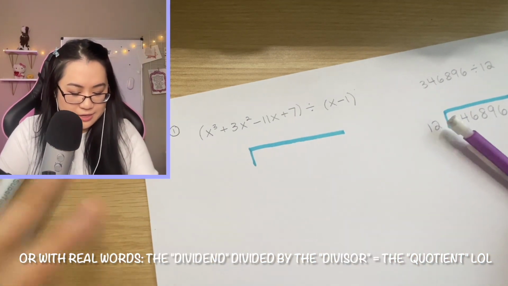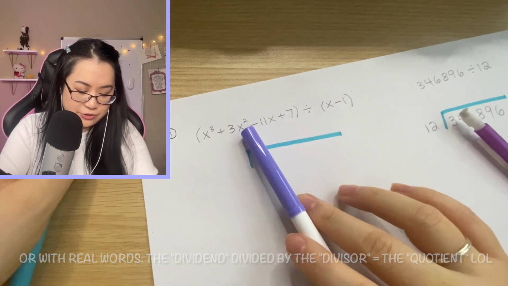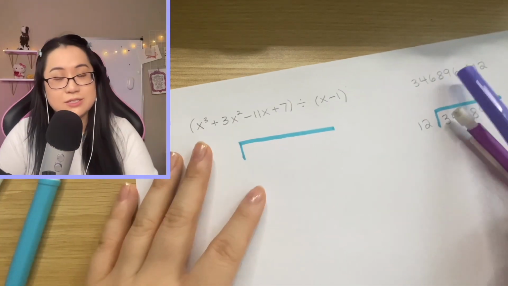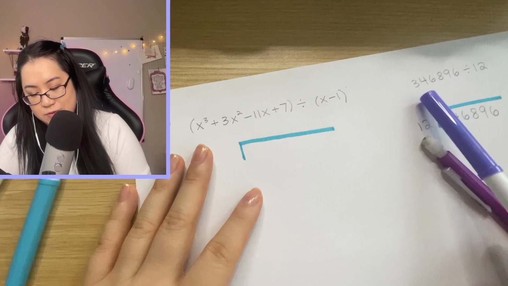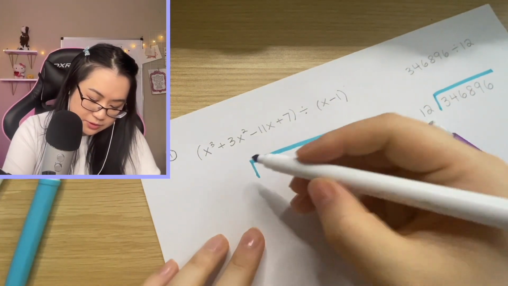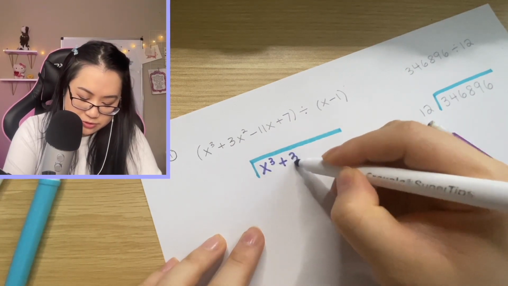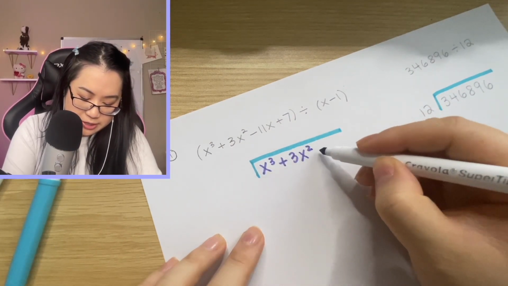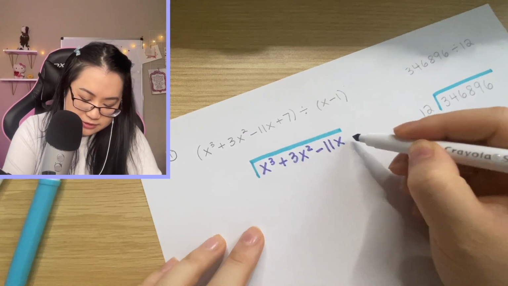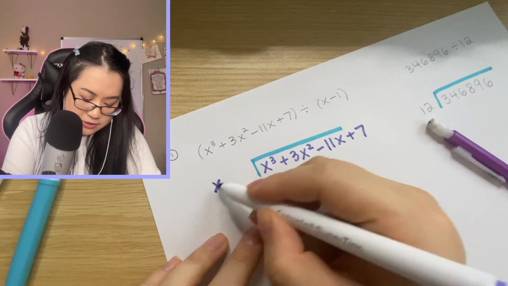So we're asking how many times does this go into this? How many times does 12 go into 3, 4, 6, 8, 9, 6? So I'll do x cubed plus 3x squared minus 11x plus 7. And then I'll put the x minus 1 out here.